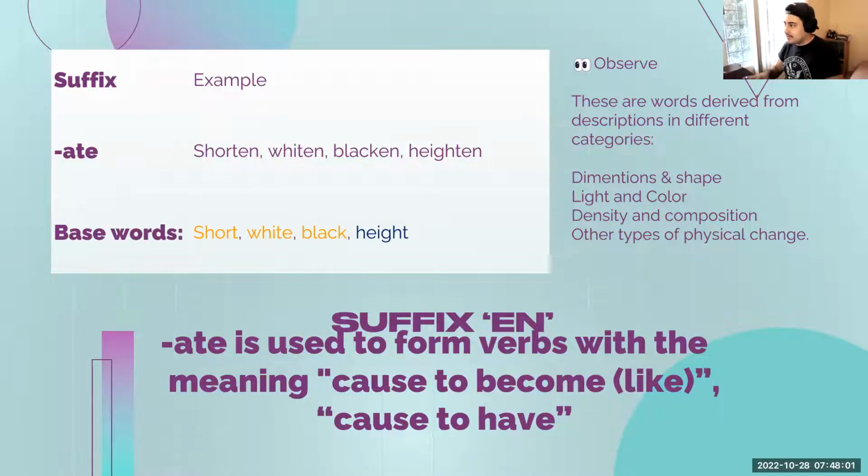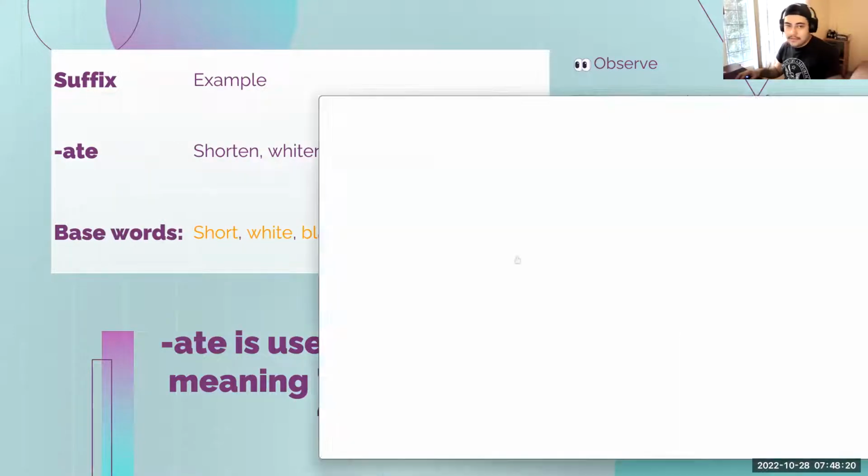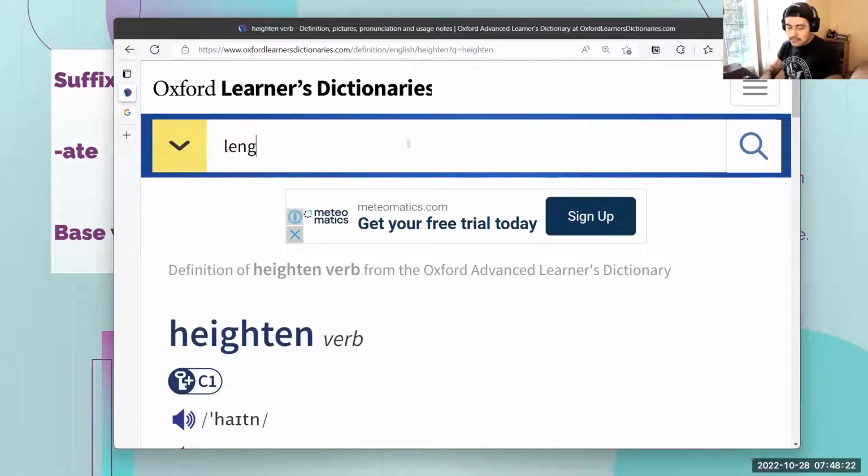For example, let's talk about color. We have dimension and shape. We have lengthen, which is very similar to heighten. Lengthen, in this case, is to say the following. Help me with the definition.